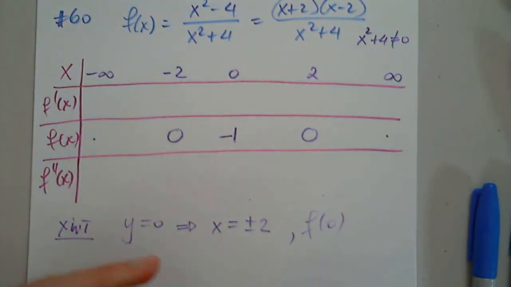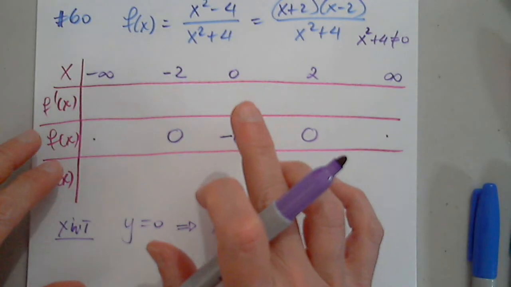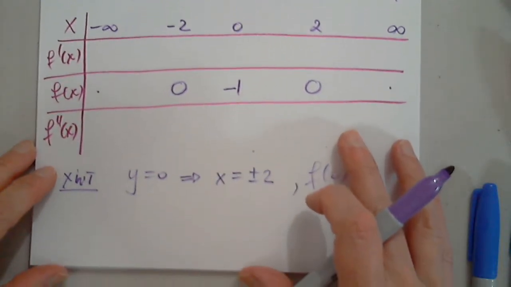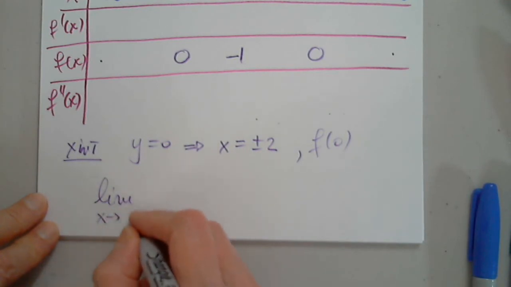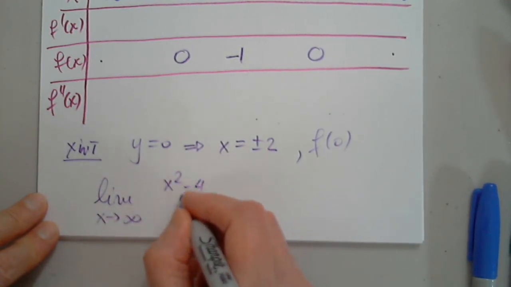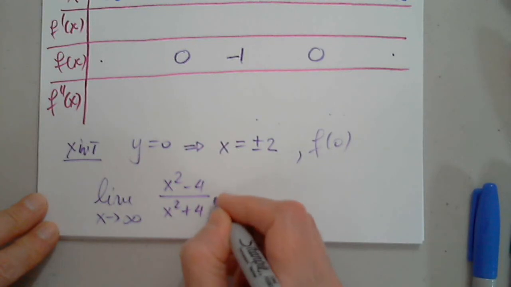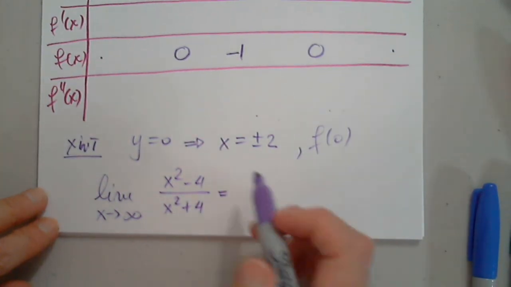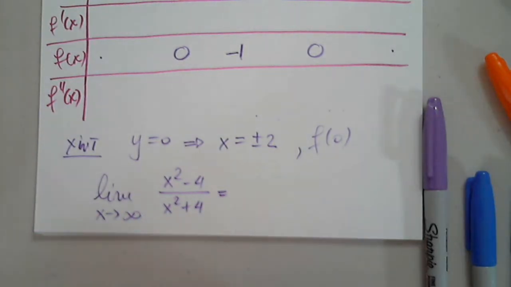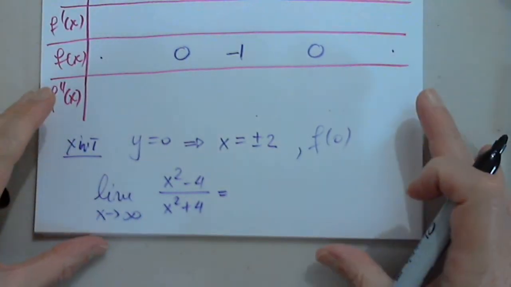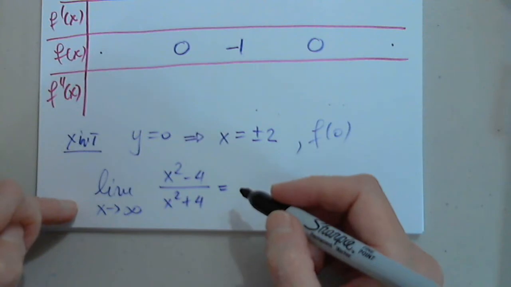I have the limits and a symmetry in a minute. Okay, so can anyone tell us what to do with this? How do we proceed? How do we determine this limit? Where does the numerator go?